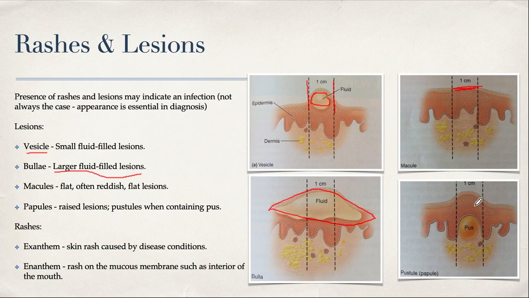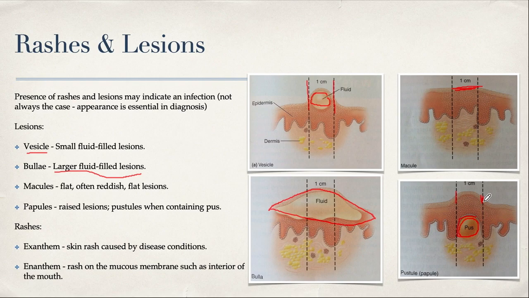The papules are characterized by pus. As you can see, it's not limited to just the epidermis. You have some of it in the dermis. But in terms of the area, it's roughly around 1 centimeter as well. There may be a few variations here and there.